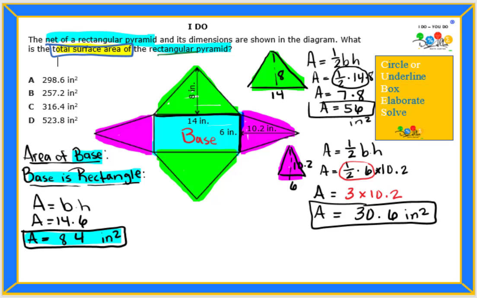So now I have the area of both my bigger triangle and my smaller triangle. Now let's go back in and look at each piece that I know. I know the base is 84. I know each large triangle is 56 inches squared. And I also know that the smaller triangles are 30.6.